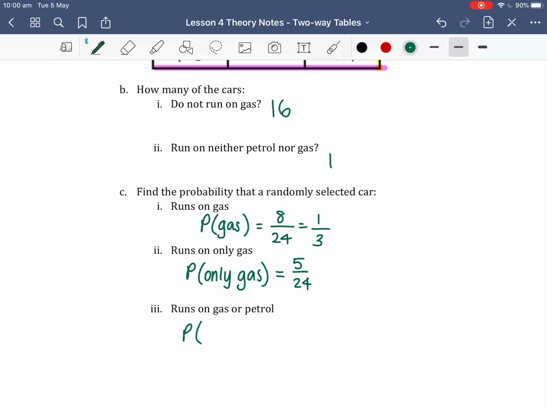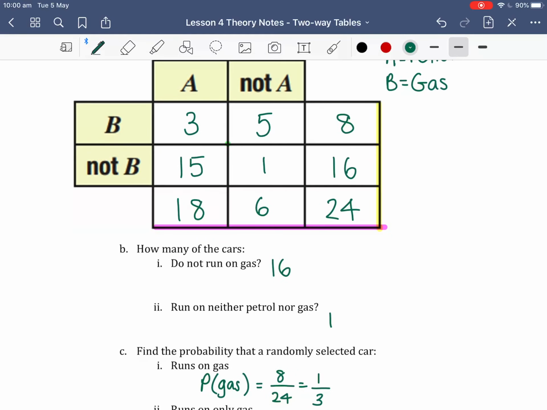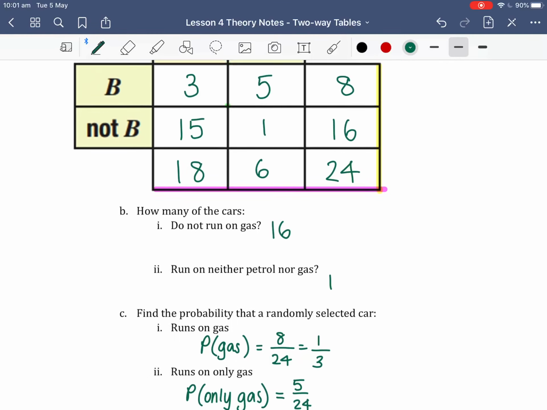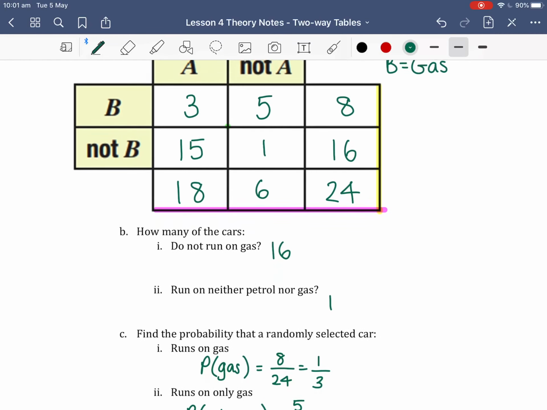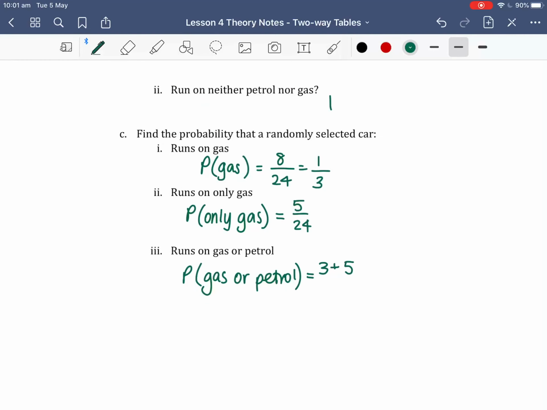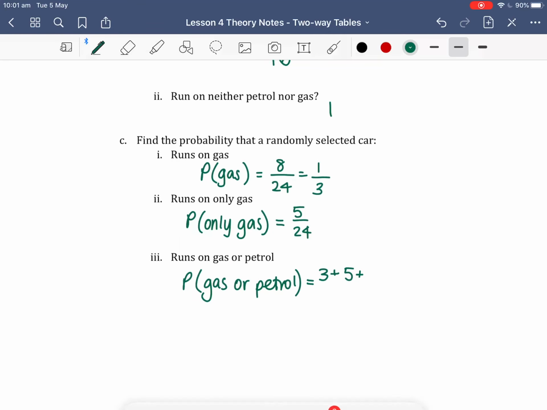And then we want to find the probability that it runs on gas or petrol. So what we have to do here is add up that it can run on both, so 3, plus it could run on gas but not petrol, so that's 5, plus it could run on petrol but not gas, which is 15, all over our total of 24.